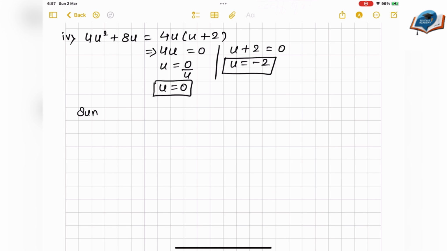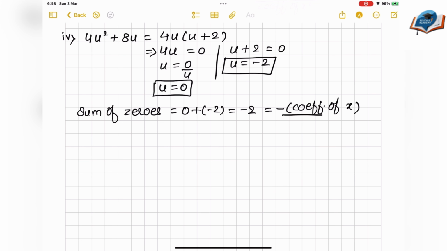So sum of zeros will be 0 plus minus 2. So that is minus 2, which is equal to negative coefficient of x upon coefficient of x square.